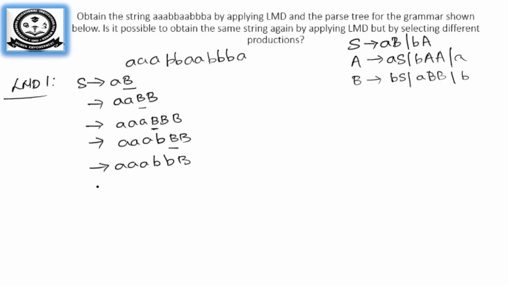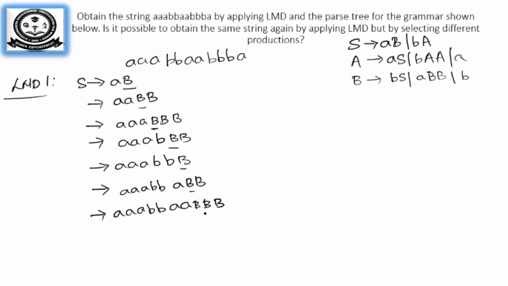After BB is substituted, we have A, so we'll substitute A, BB for this. So A, triple A, double B, A, BB. Again I have another A, so the only production with the A is again A, BB. So you will have A, B, B, A, B, B, B.